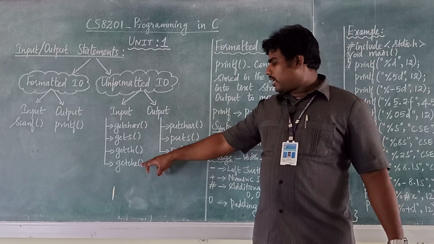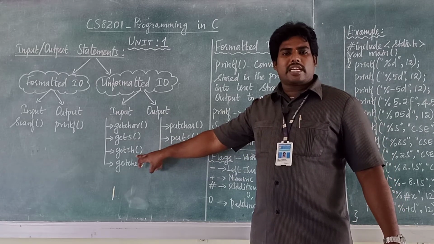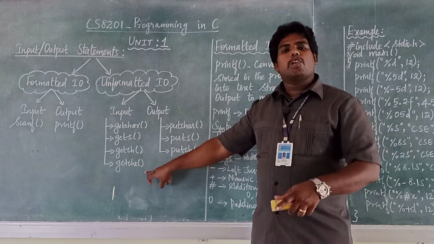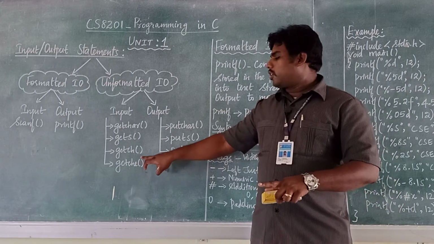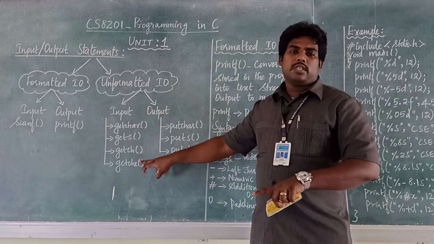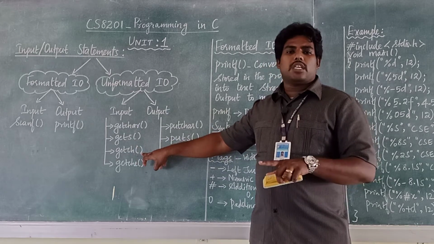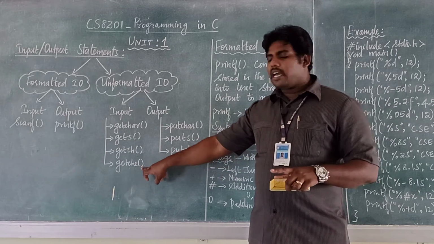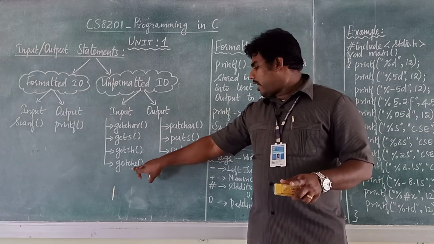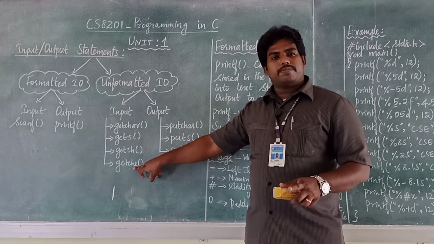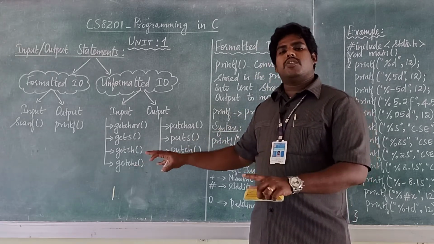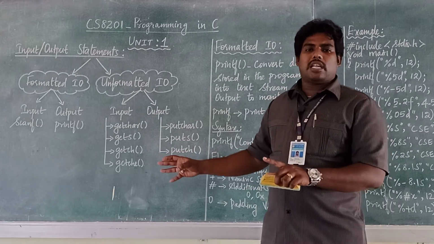One difference: getch means get character, and the input is not echoed, so whatever you give using getch is not displayed on the output screen. With getche, it is displayed on the output screen. The e means echo. I will explain these in another video session.